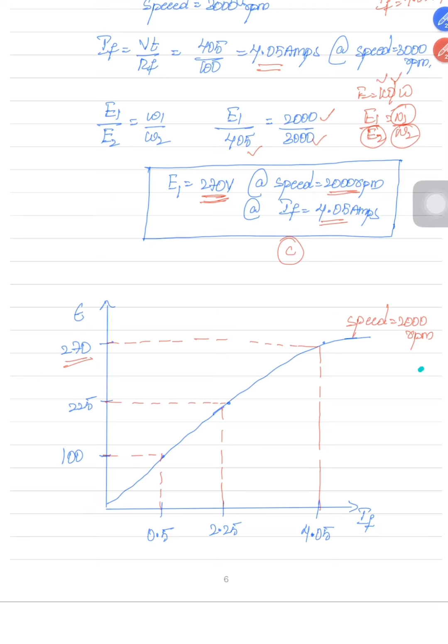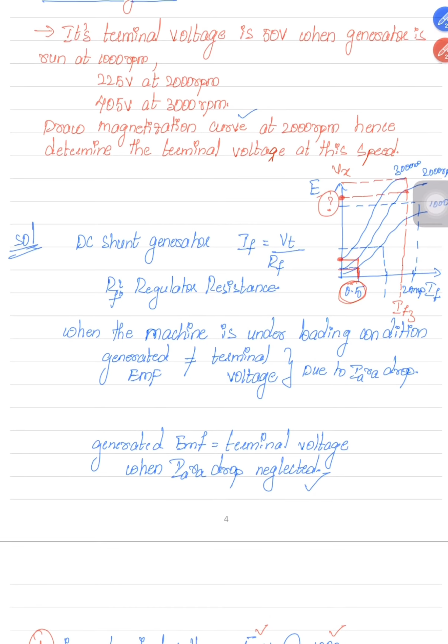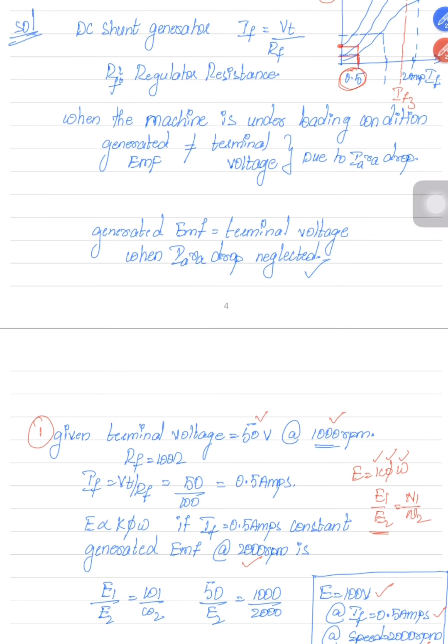This is a very good question in terms of open circuit characteristics. They are asking to find the terminal voltage at this speed. As we already explained, the generated EMF is equal to terminal voltage at no load condition, or if you assume the IaRa drop is low, then the generated EMF Ea will be equal to terminal voltage.